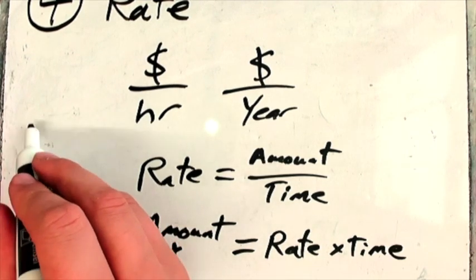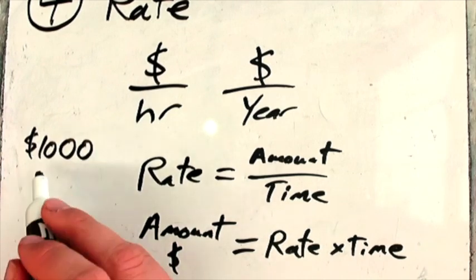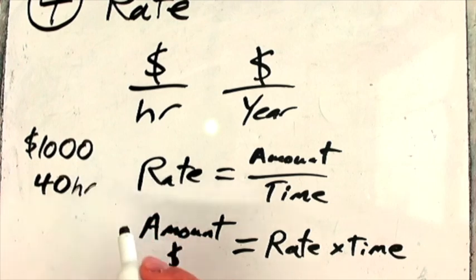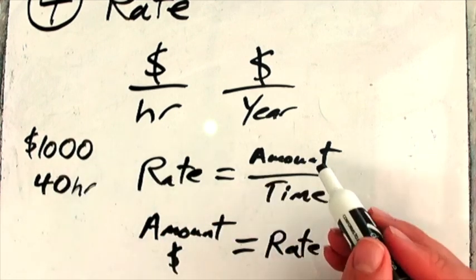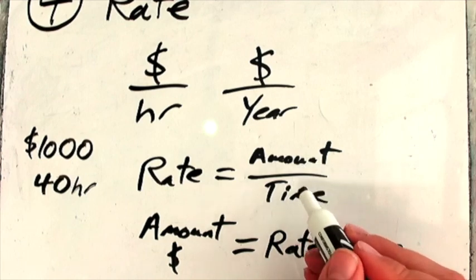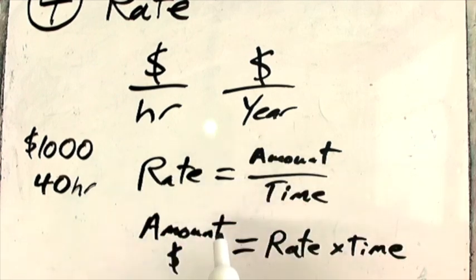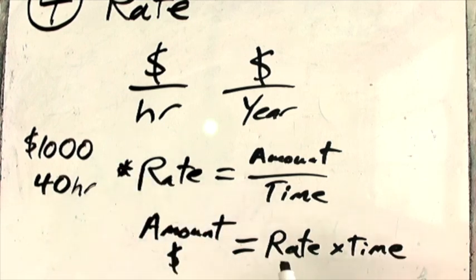So let's say I was given in the question example $1,000. And what else was I given? Well, I was given 40 hours. 40 hours per week in this case. So that's like a time. 40 hours is a time, $1,000 as an amount. So if I have 1,000 and then I'm going to divide by time, I'm going to get the rate. So we're using this version of the equation here, not this one, but that might be useful elsewhere.